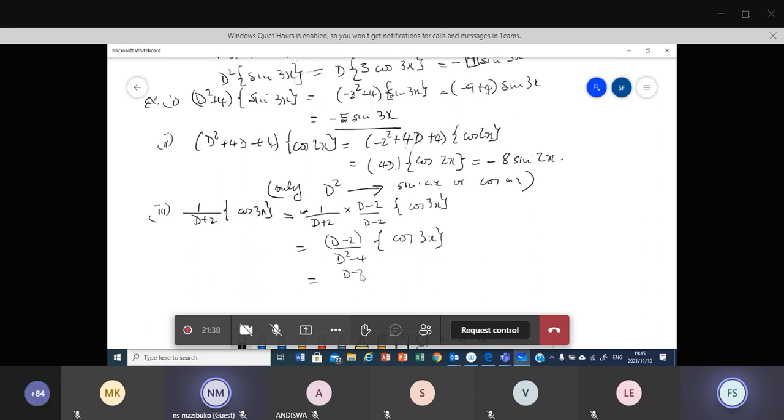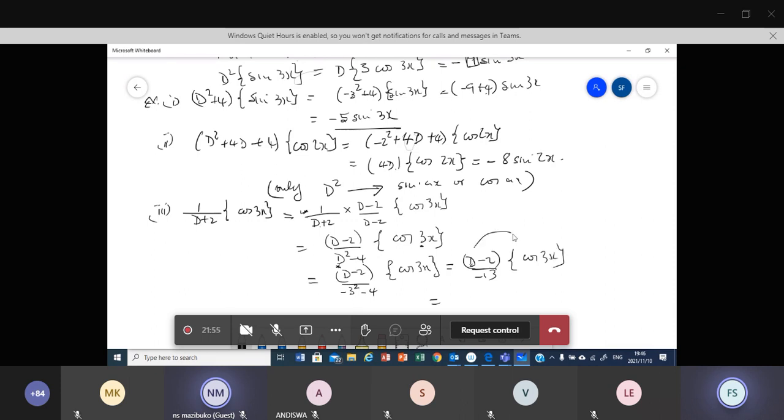There is my a, so it's minus 3 squared, be careful, minus 4. This becomes minus 9 minus 4, that's minus 13. The action is on cos 3x.